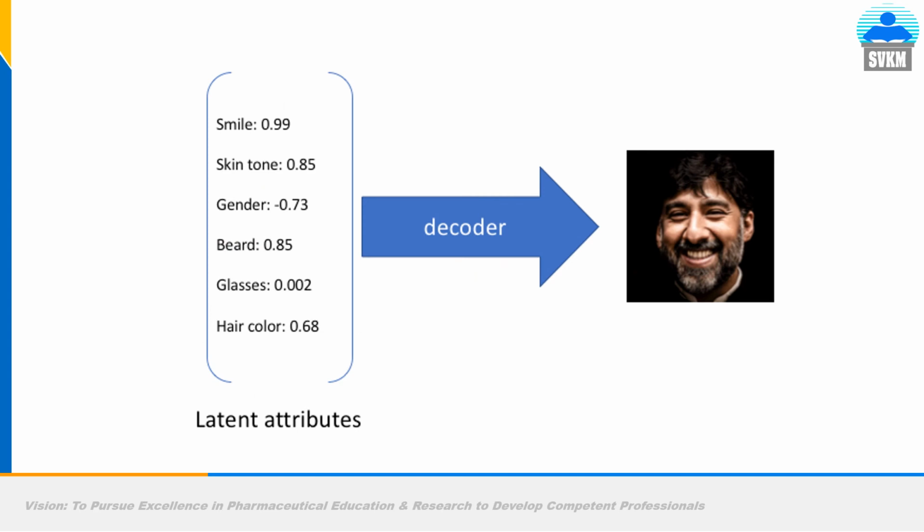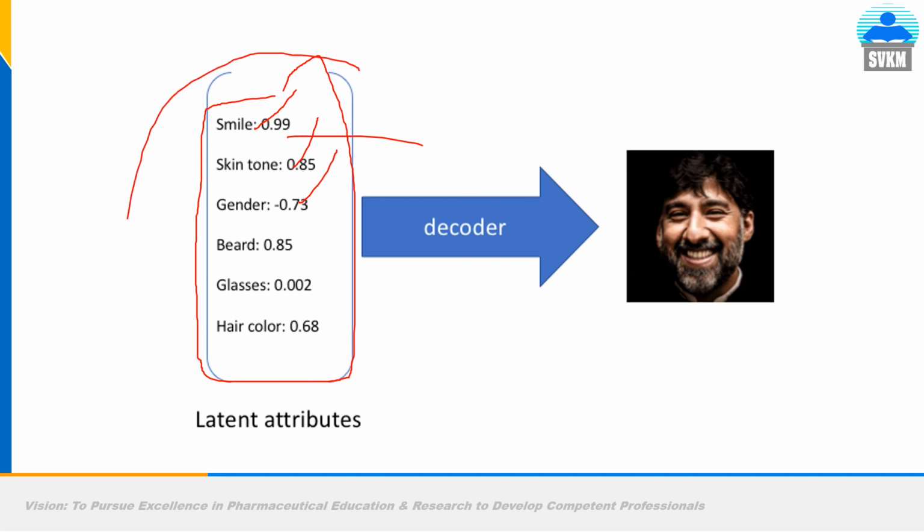So for example, these are the latent attributes, these are the vector values in the latent space, and you choose the entire vector with these particular values, each representing some feature: smile, skin tone, gender, glasses yes or no, beard yes or no, hair color. I mean, mathematical figures are there.